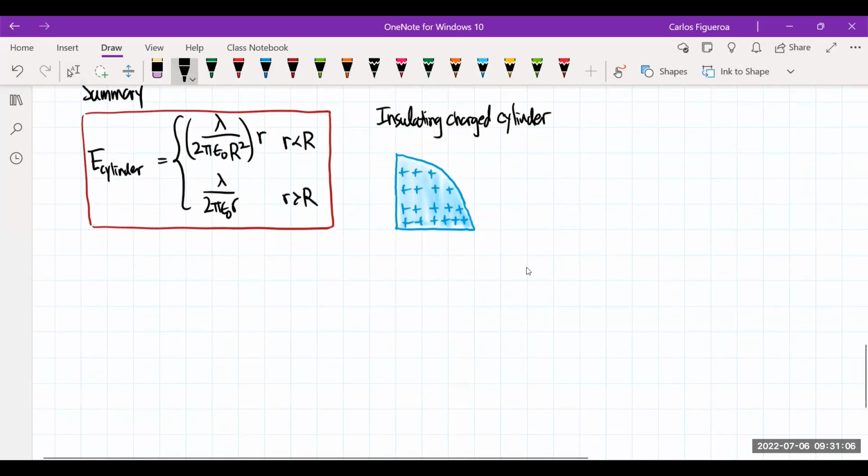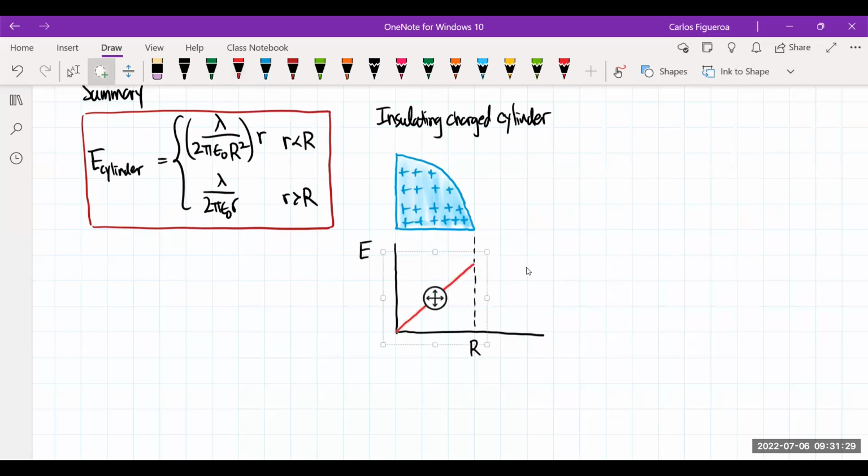I'm going to be plotting this, where this distance is big R. And here's my field. Now, look at what happens. Inside the cylinder, it goes linear.